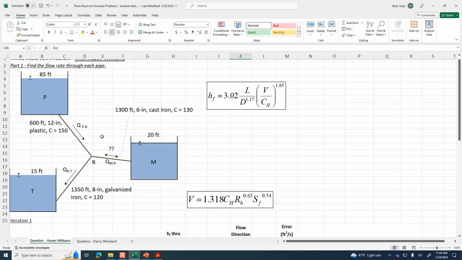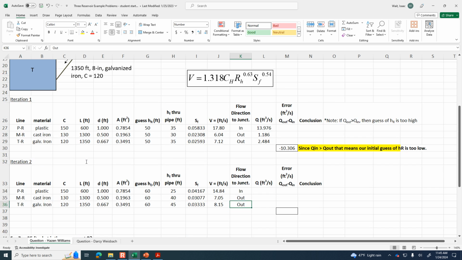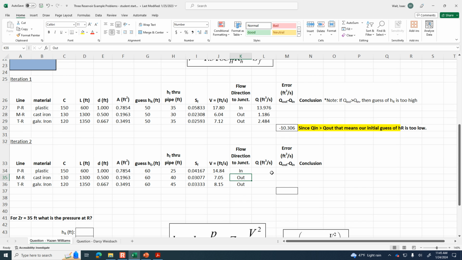So 60 is below P but above M and T. So the water's flowing from P to the junction and from the junction to M and to T. You just have to either visualize it or think that the flow is into the junction if the pressure at the junction is less than the reservoir elevation. So in, out, out. Now flow rate is velocity times the cross-sectional area.